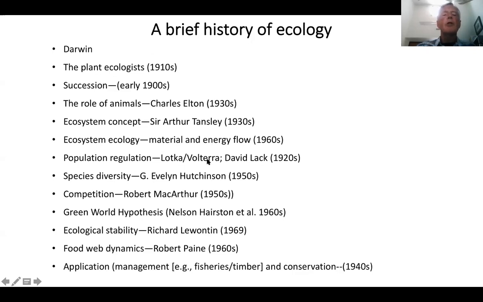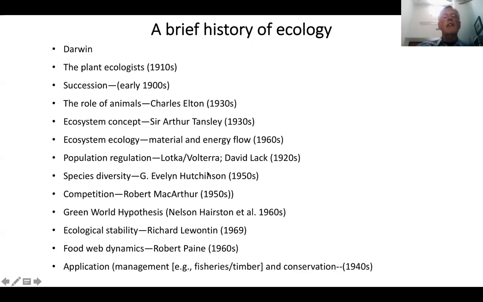Lotka and Volterra were both mathematicians, and they developed what are called the Lotka-Volterra equations, which are still fundamentally important in thinking about how the numbers of animals or plants change through time and in space in nature. So this was another really major development. David Lack, who is a British ecologist, was also important in population regulation.